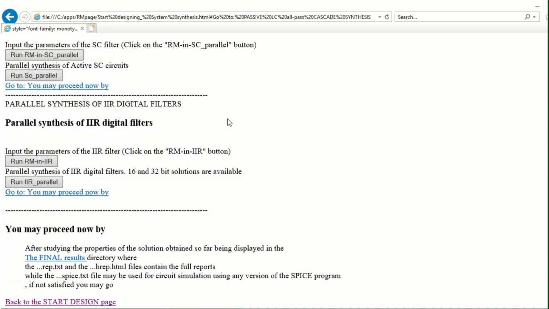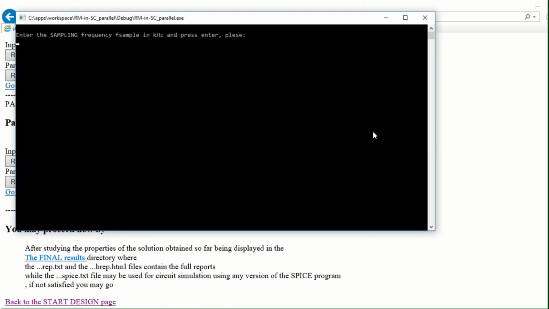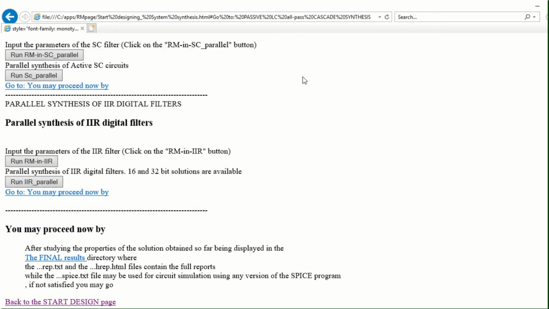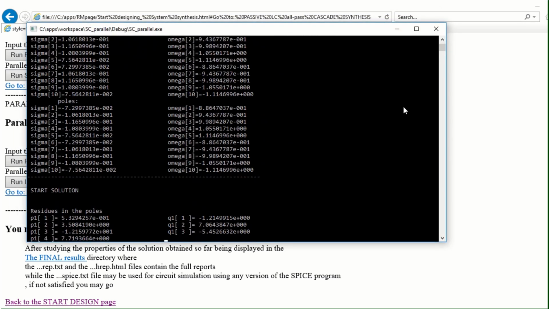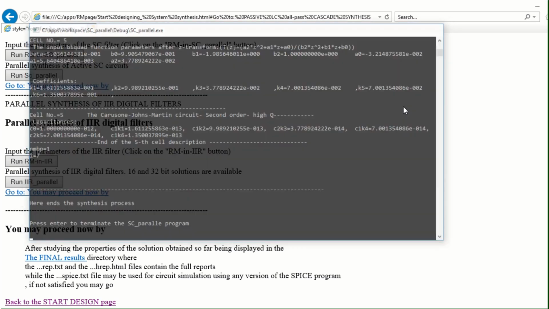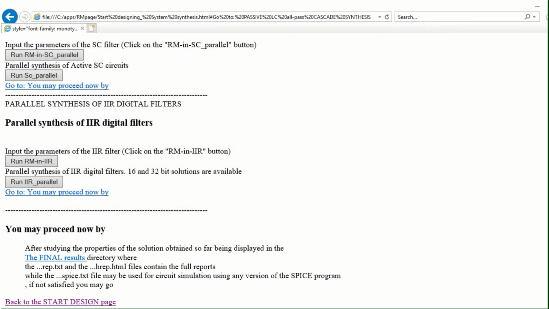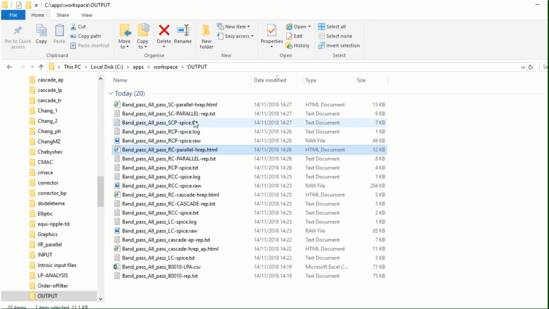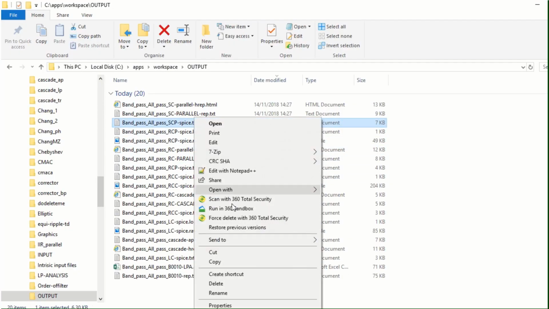We proceed with the switched capacitor solution. It asks for the sampling frequency and for the normalization capacitance. And we will proceed now with the synthesis. Okay, let's see the spice file.